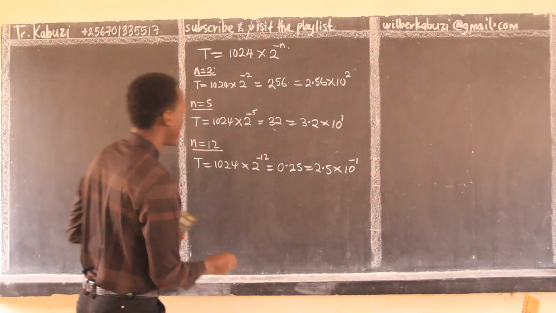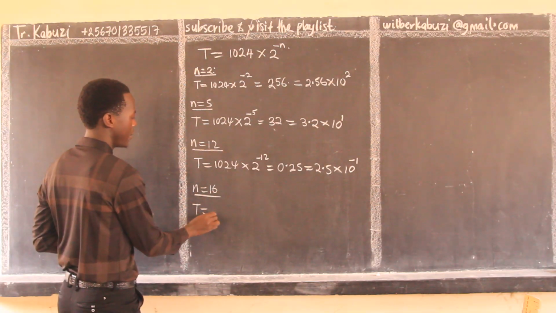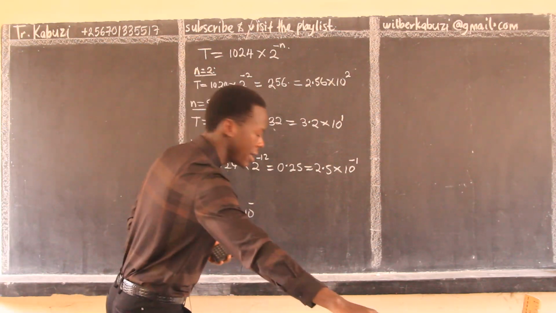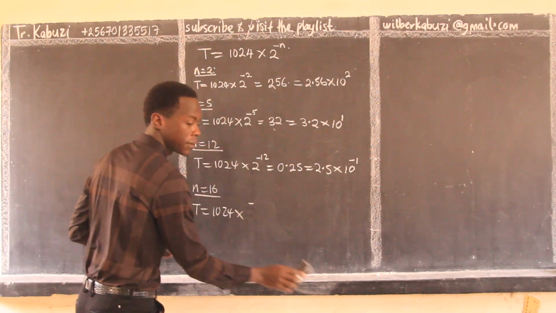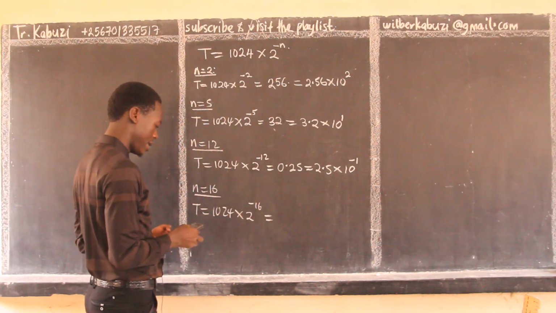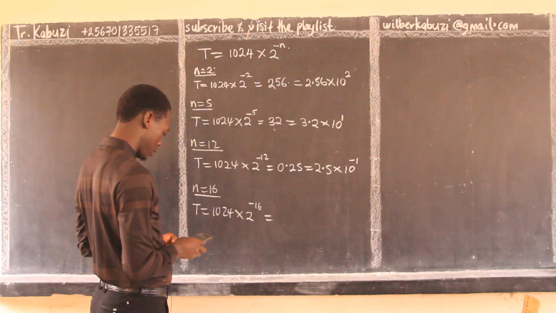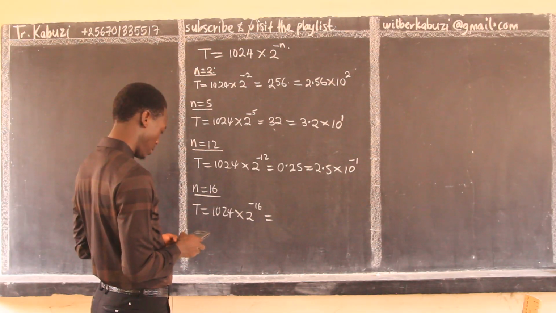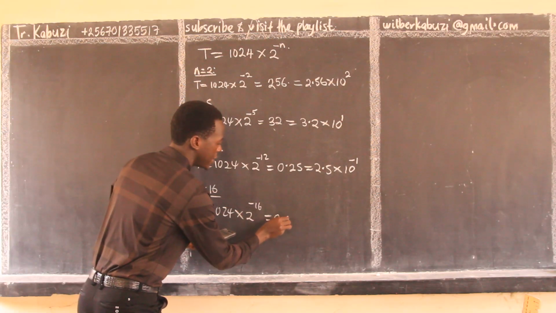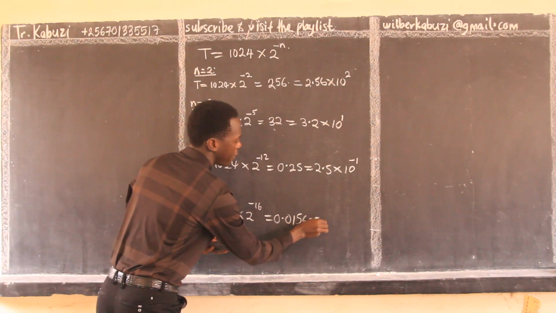Then lastly, when we have 16 workers, our t will be 1024 times 2 power negative 16, which will be 0.0625.